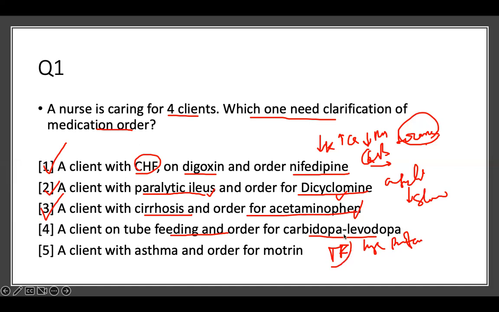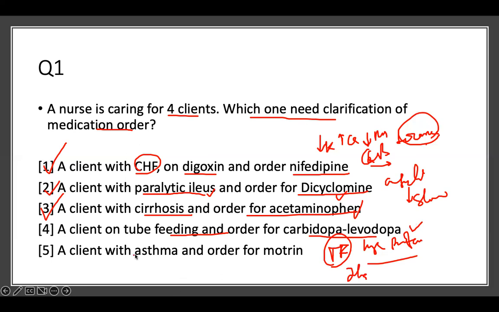It doesn't mean you can't give carbidopa-levodopa. Some patients have other medical problems, and so you just need to hold the tube feed for 2 hours, give the medication, and after that you can restart the feed. So you shouldn't give it simultaneously with tube feed. So we don't need clarification. The nurse should know not to give this together with tube feed, but to hold it, and she doesn't need any big clarification.